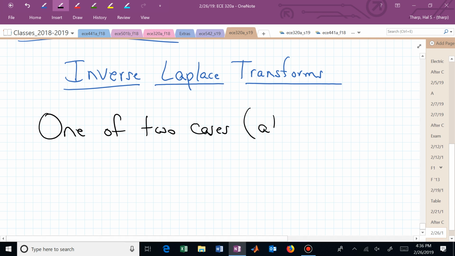And all of these cases, of which there are just 2, 1 and 2, pertain to the denominator polynomial.